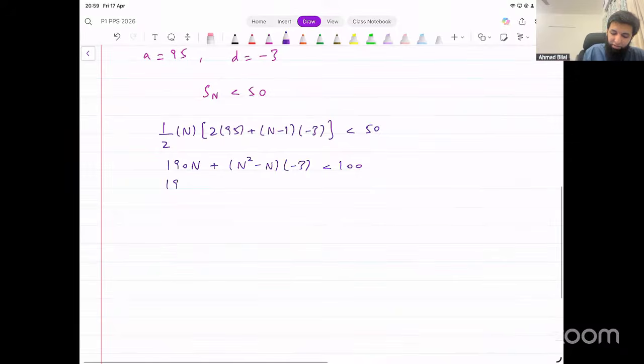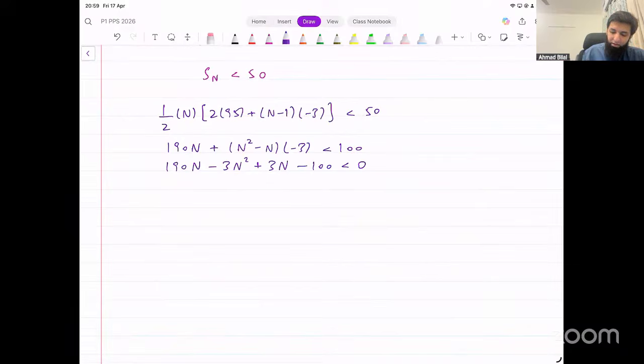Let's simplify this a bit. 190n minus 3n squared plus 3n minus 100, that is less than 0. Now this simplifies further to minus 3n squared plus 193n minus 100 less than 0.